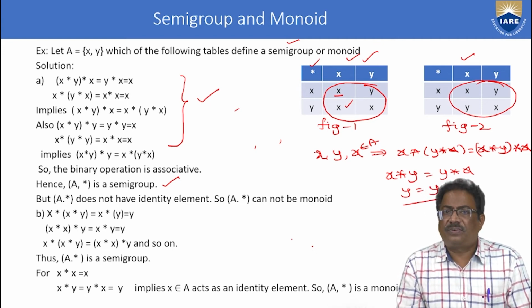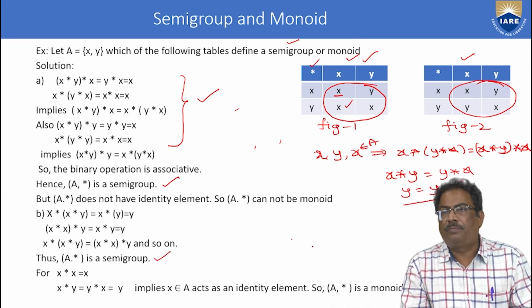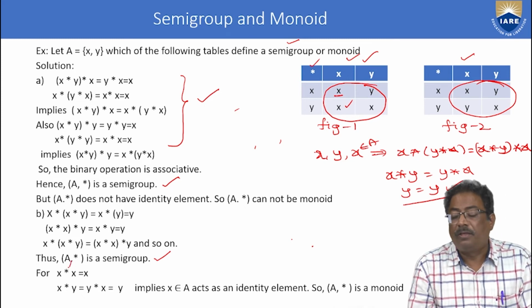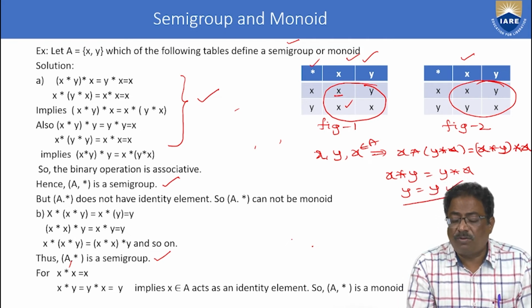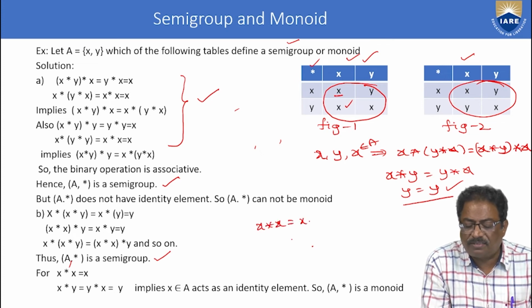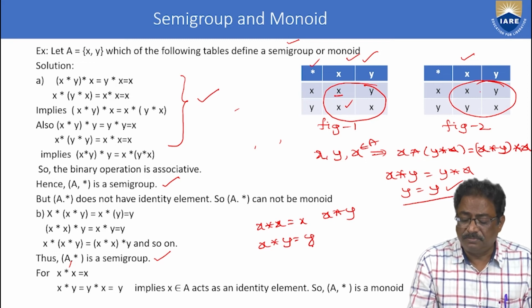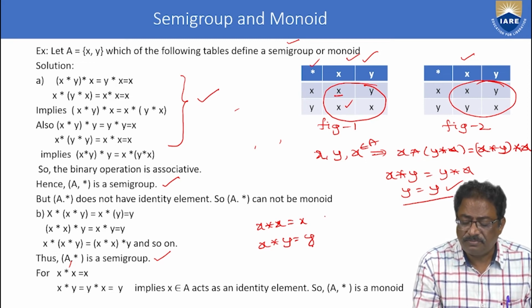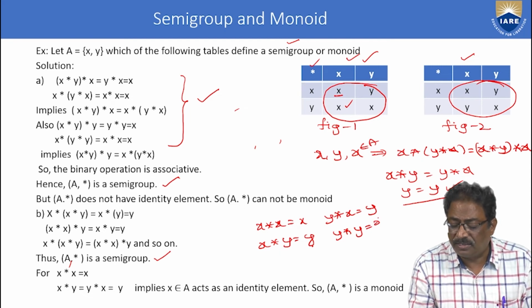And now it satisfies associativity. So we can say that for the second table, A comma star is a semigroup. Now we have to verify for the second table whether A is a monoid or not. Now observe this: x star x is x, x star y is y, y star x is y, and y star y is x.